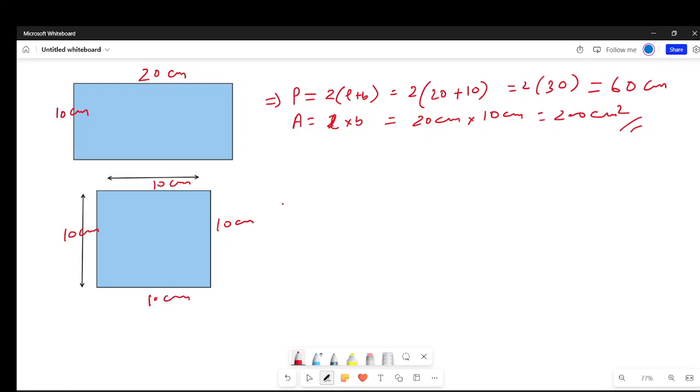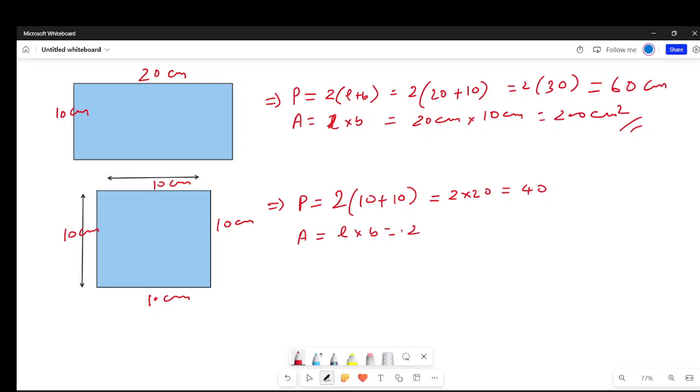Then what will be the area and perimeter of this? Perimeter of this will be 2 into (L plus B). L is 10 and B is 10. Then it will be 10, 10, 20, 2 into 20, that means 40. Now area will be L into B.